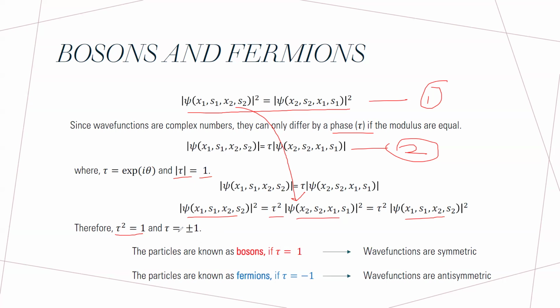So the phase can have two values, plus 1 and minus 1. If tau is equal to 1, we call it a boson. If tau is equal to minus 1, we call it a fermion.